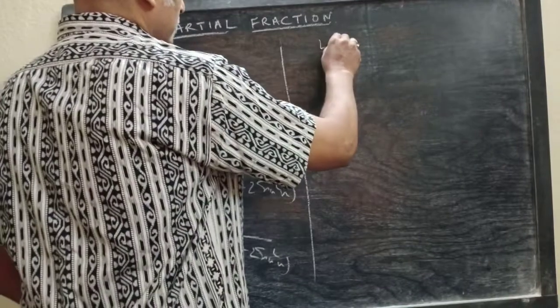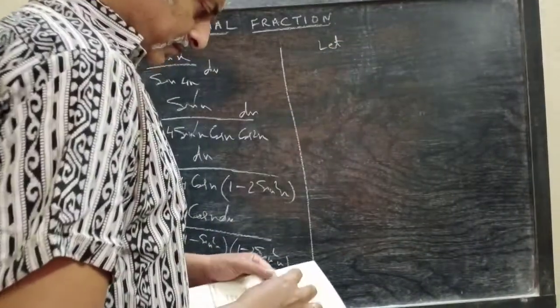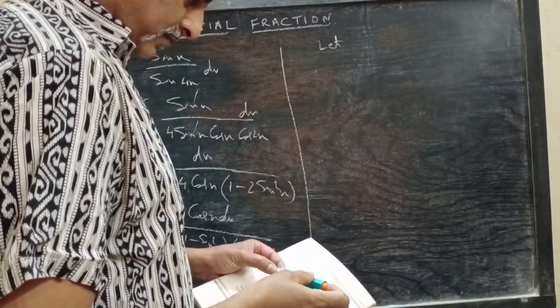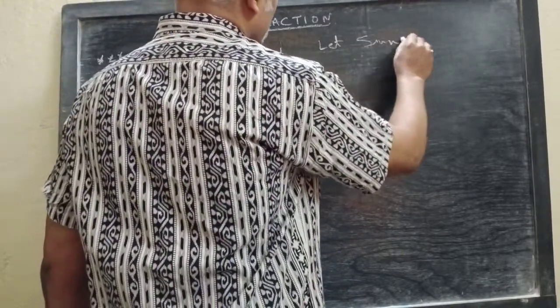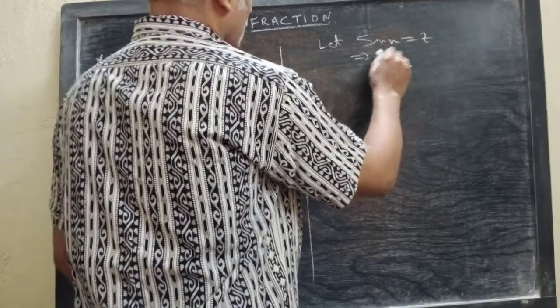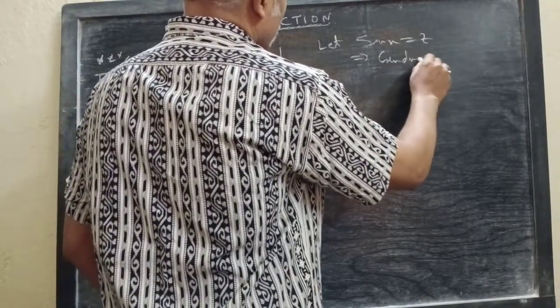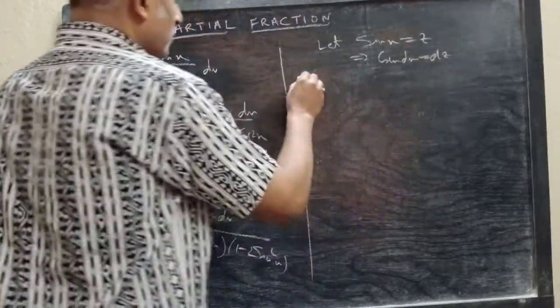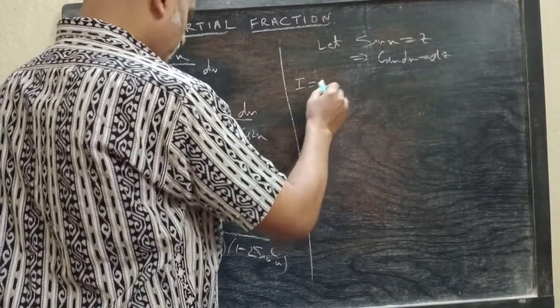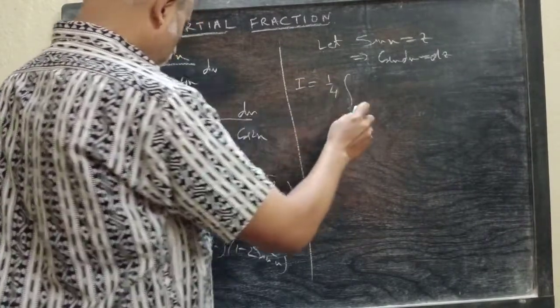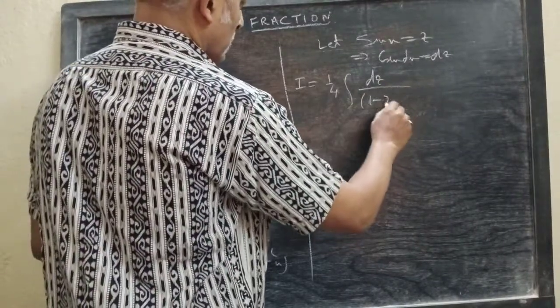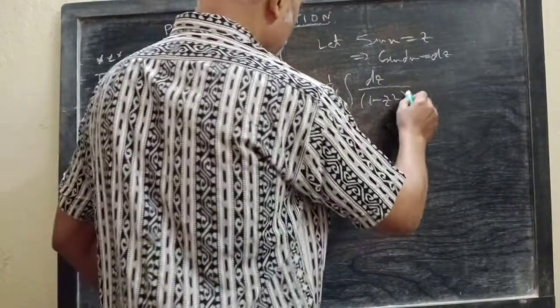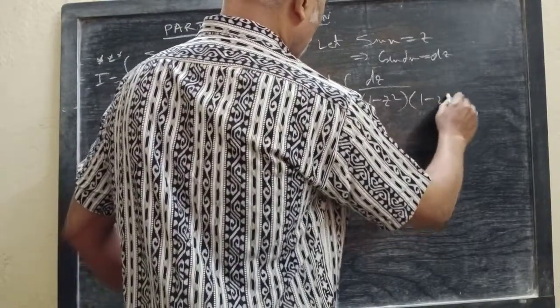Now let sin x equals to z. That implies cos x dx is dz. So your integral becomes 1 by 4 dz by (1 minus z square) into (1 minus 2z square).